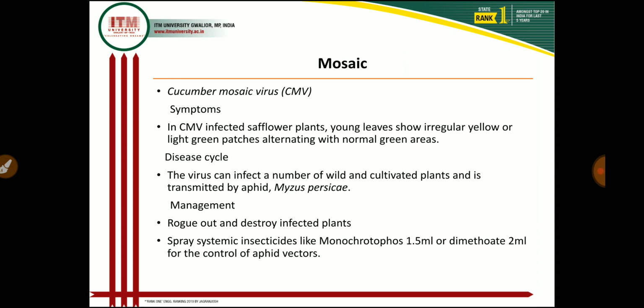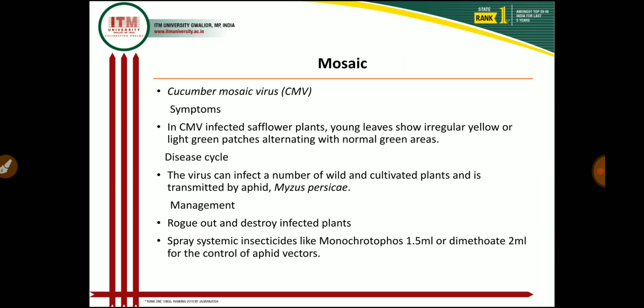So this is the most characteristic symptom of mosaic diseases, and the leaves may become blistered and distorted, and infected plants are stunted, and in a few plants primary leaves are produced, forming a rosette of leaves exhibiting mosaic mottling, and from the center of this the axis bearing secondary leaves is produced. So these are the characteristic symptoms of the mosaic disease of safflower.